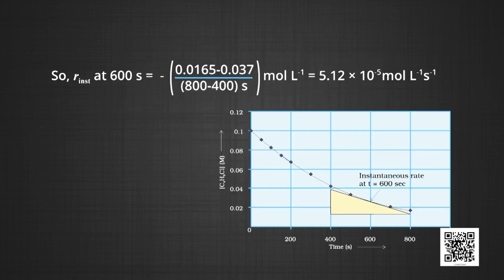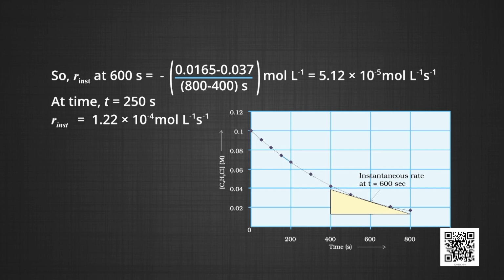So, R instantaneous at 600 seconds equals minus (0.0165 minus 0.037) divided by (800 minus 400) seconds, moles per liter. It comes out to be 5.12 into 10 raised to power minus 5 moles per liter per second.